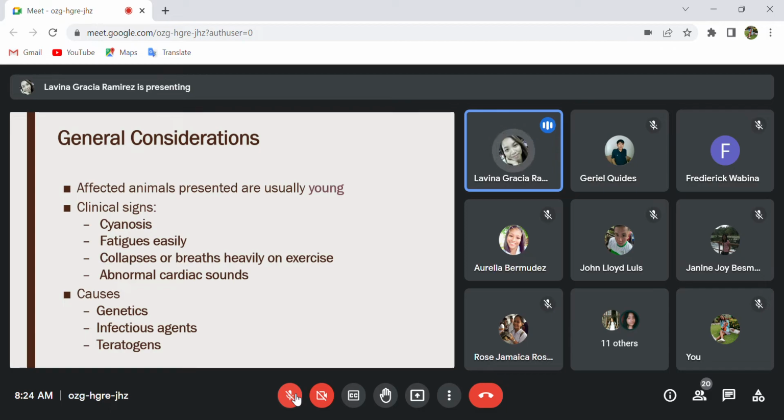However, minsan meron ding increase in the heart rate depending on the anomalies. Dito, kaya hindi niya ma-tolerate yung exercise because of the reduction of oxygenation. And the last one, this is very common, especially if you assess the animal through auscultation, you may hear abnormal cardiac sounds, some murmurs, some arrhythmic conditions of the activity of the heart.